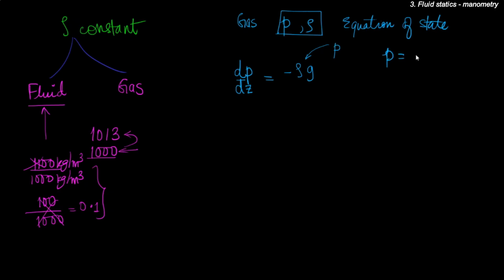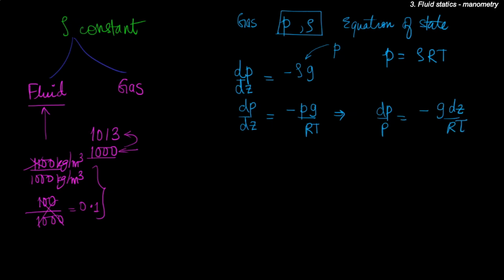So P equal to rho RT, where R is the universal gas constant divided by the molecular weight of the gas. So we have dp dz is equal to minus P g upon RT. This implies dp upon P is equal to minus g dz upon RT.